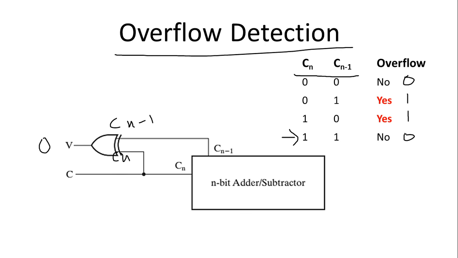And if there is 0 1, then there is an overflow. And if there is 1 0, then again overflow. And if there is 1 1, then there is no overflow. So after overflow detection, we would be able to cater to these overflows.